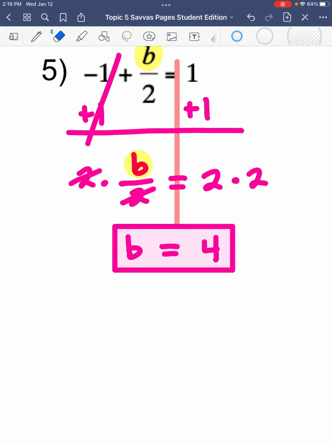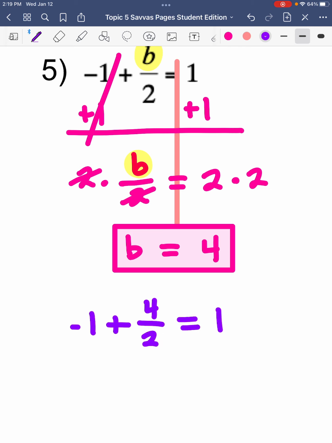So we have negative 1 plus 4 over 2 equals 1. Well, let's start with 4 divided by 2. We know that 4 divided by 2 is 2. So we have negative 1 plus 2 equals 1.